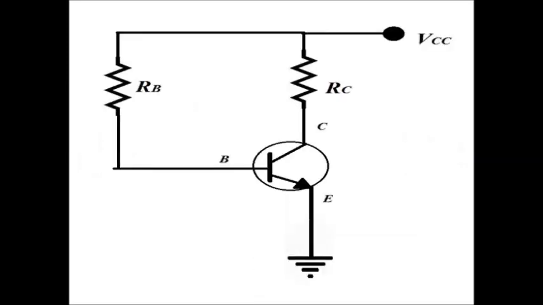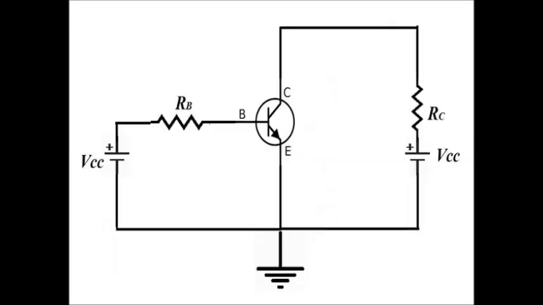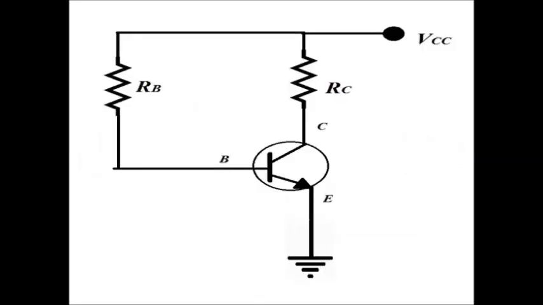Now you see here both these endpoints of RC and RB are connected to VCC. VCC means plus VCC, that is the positive end of VCC. So here also both the ends of RB and RC are connected to the positive terminal of VCC.